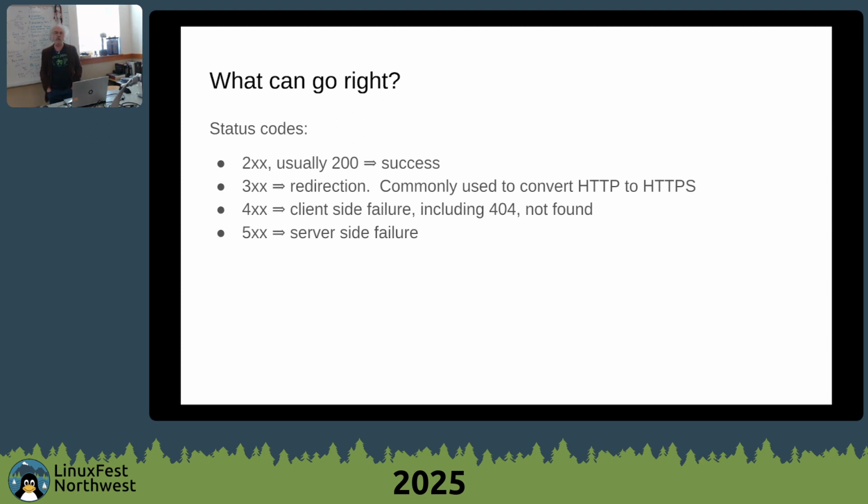There's 301 and 302, which are permanent redirection and temporary redirection. But there are an awful lot of websites that get those meanings confused, or maybe it's permanent until it changes. So take whether it's permanent or not with a grain of salt.